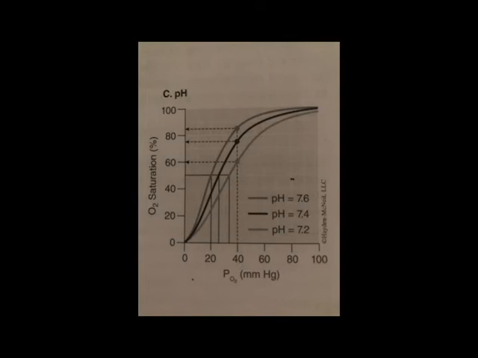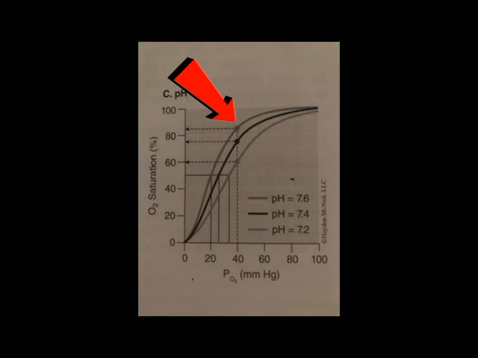The actual lines there: the top one is a higher pH. The middle one is the 7.4 pH given to us. And the lowest line corresponds to the lowest pH, which is the most acidic. You can see that O2 saturation is the highest for basic pHs.